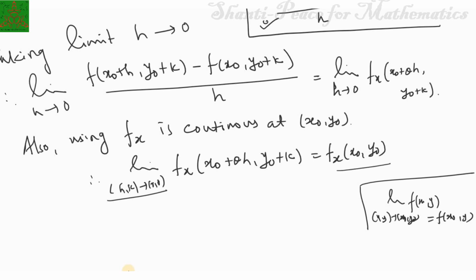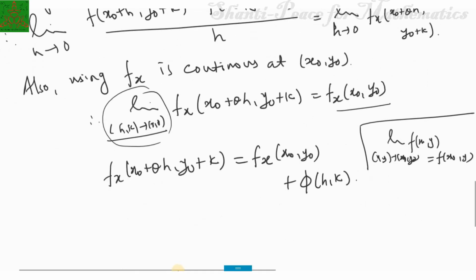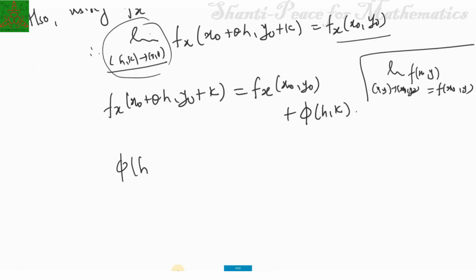Now again, if I don't write this limit, then we can add some error term, so that we can write fx at (x0 plus theta h, y0 plus k) is equal to fx at (x0, y0) plus some error term, which is a function phi of (h, k), where obviously phi of (h, k) tends to 0 as (h, k) tends to (0, 0).